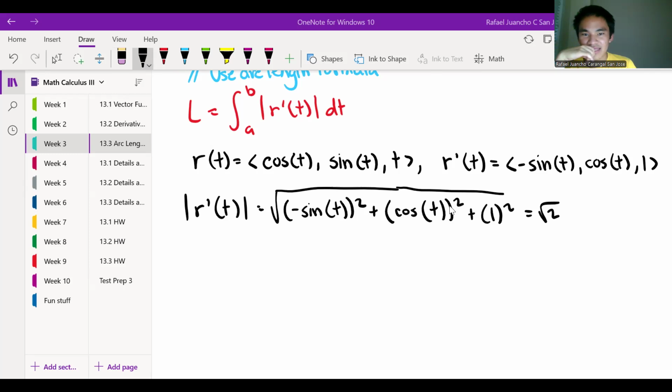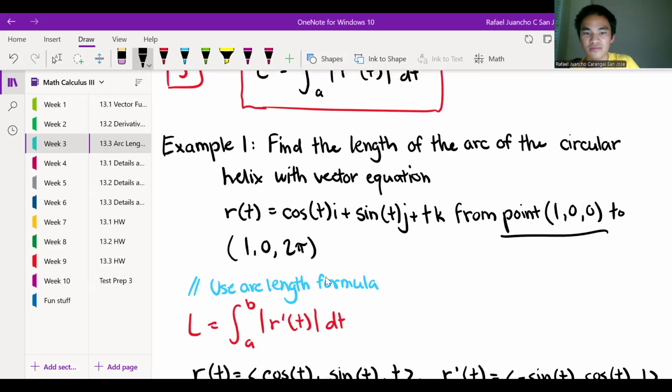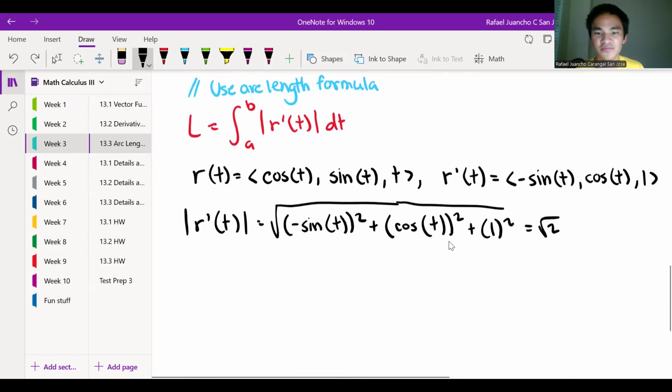Now, the last thing we need to do is find a and b. So how do I do that? Well, we can use the 2 points that were given. These 2 points. So probably one is A, one is B. But basically, the arc from those 2 points is described by the parameter interval 0 less than or equal to t, less than or equal to 2 pi. Huh.